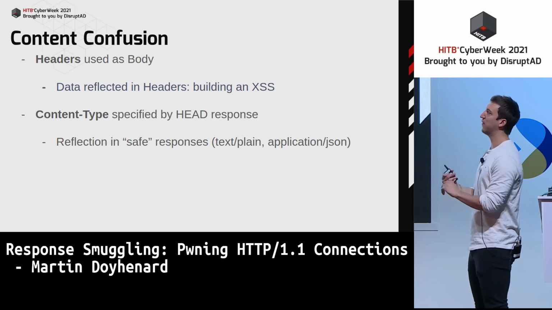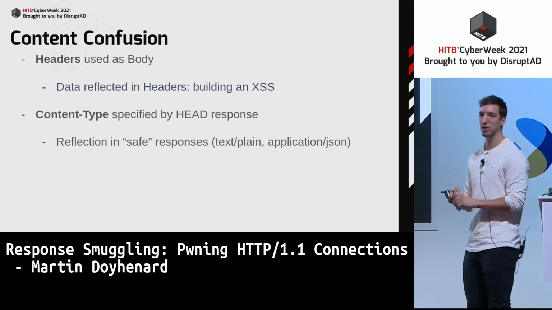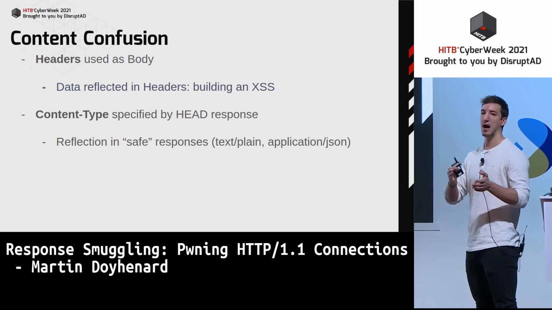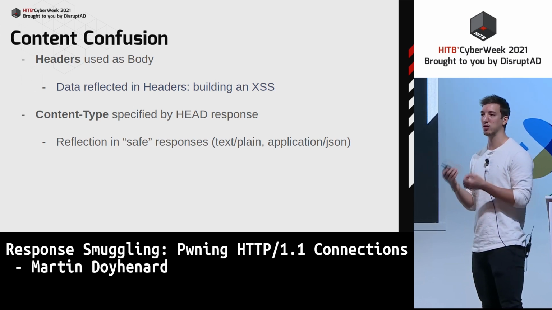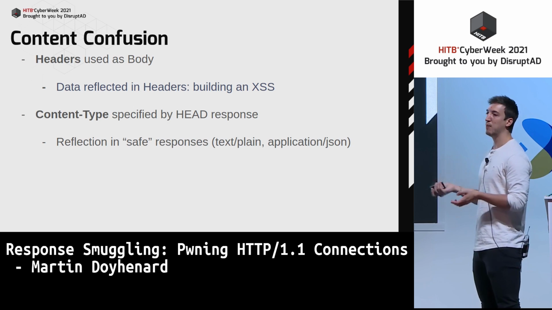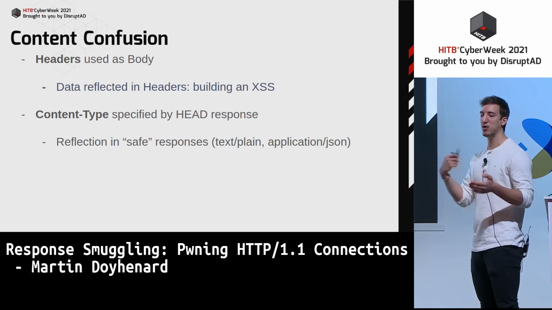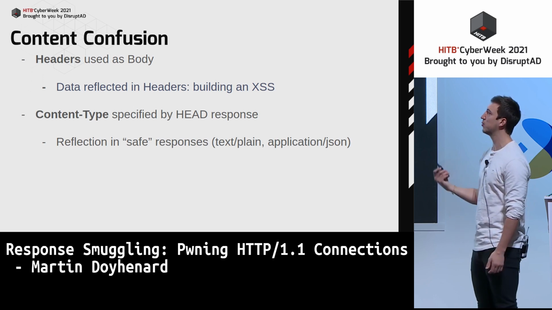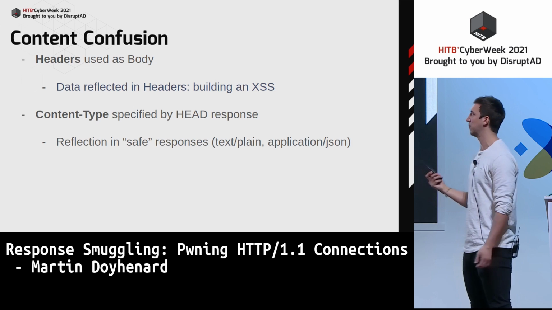So we can modify the content type, for example, by saying if we have a response that contains a reflection or something that we can use as an attack, but it's a plain type, then we can modify this by setting a new header to this response, which sets the content type to be text HTML, for example.